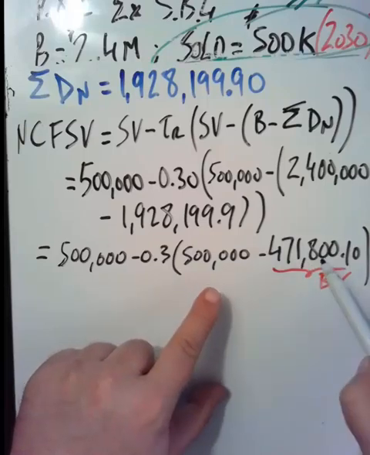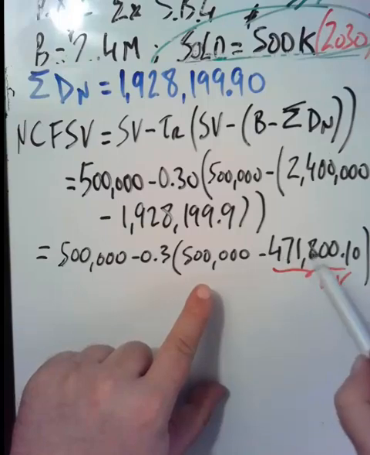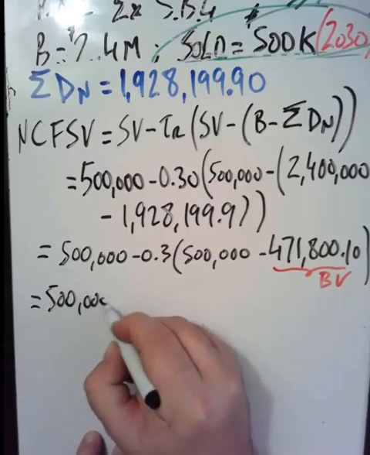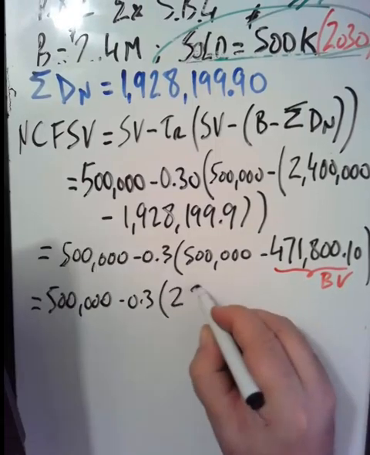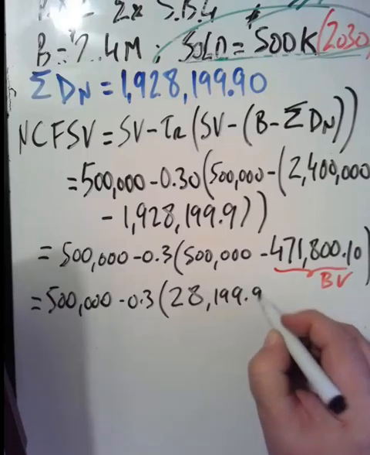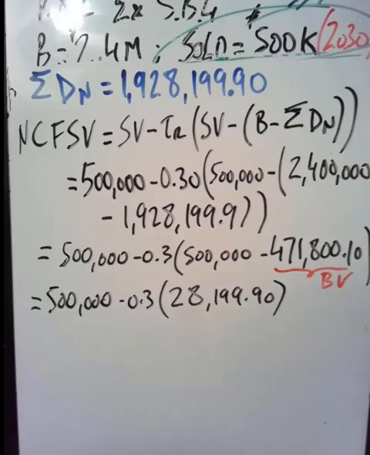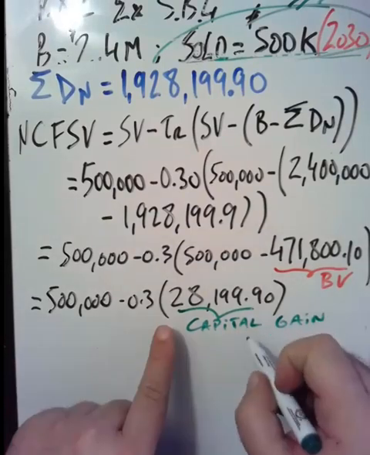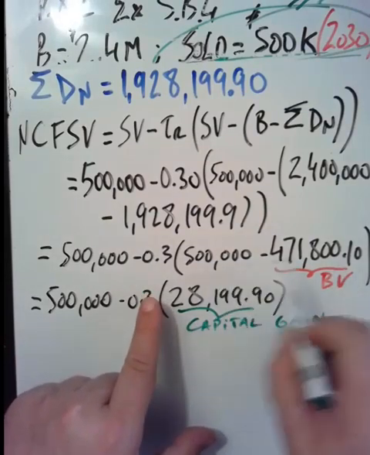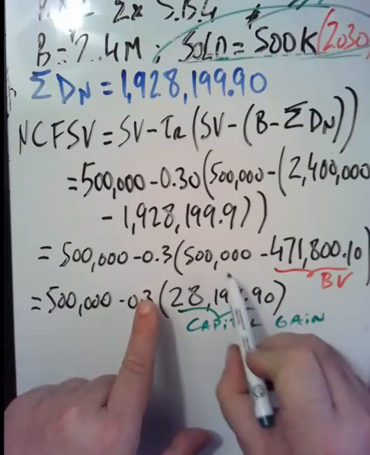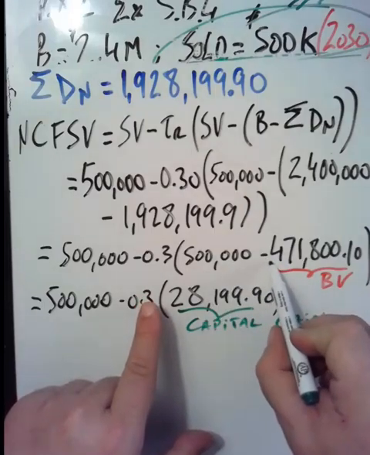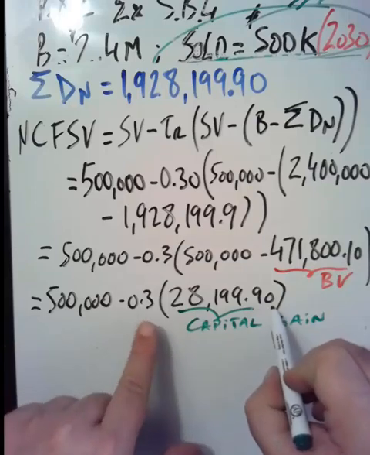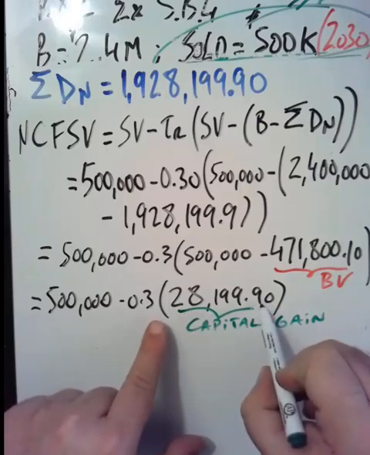So we made a profit with the sale of how much? $28,200 approximately. So 500,000 minus 0.3 times $28,199.9. This is our capital gain. We made $28,000 of profit with this sale, capital gain, because we got 500,000 and the asset still was worth 471,000, right? So we're gonna give to Uncle Sam 30% of this $28,000 in taxes.